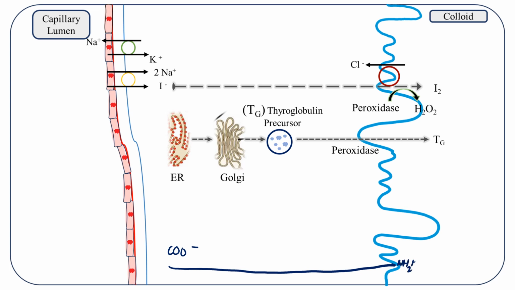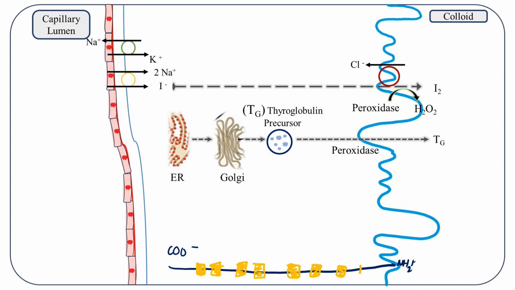Okay. So now this protein will have amino acids, right? So this thyroglobulin has amino acids called tyrosine. Okay. So let's say these are all tyrosine molecules on the amino acid thyroglobulin.